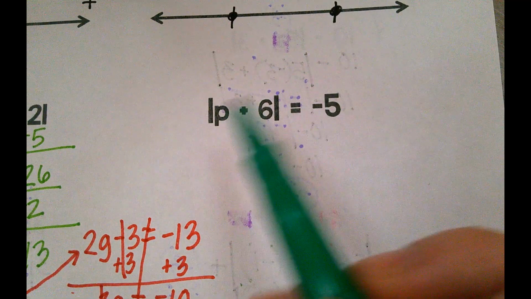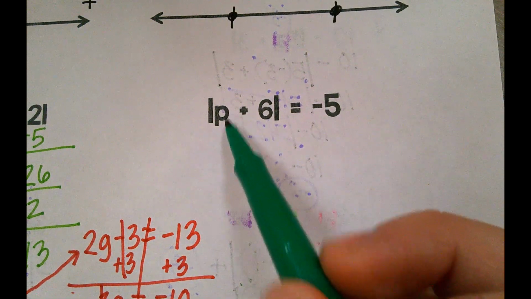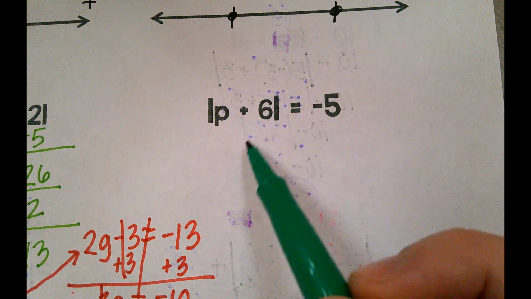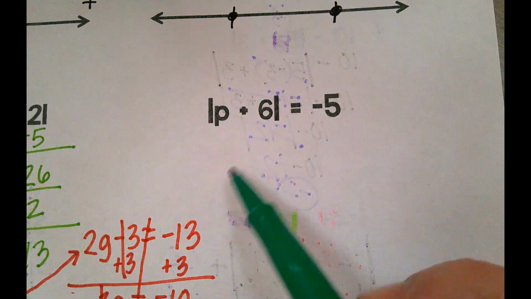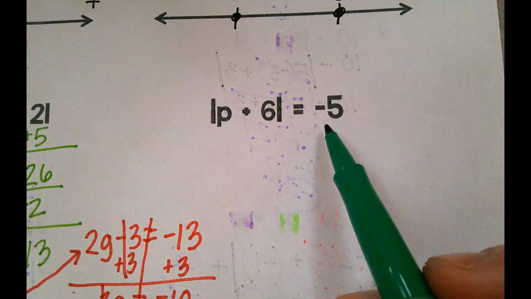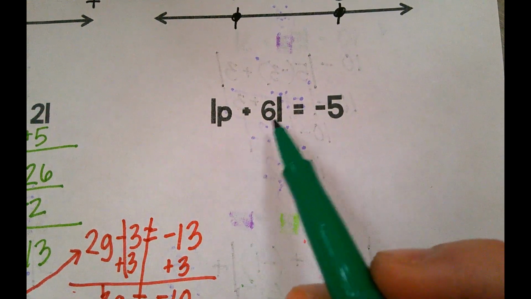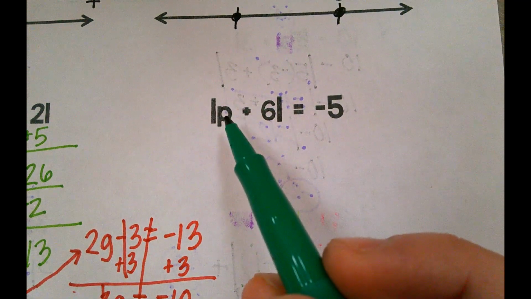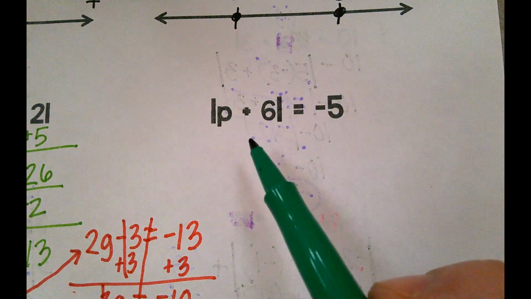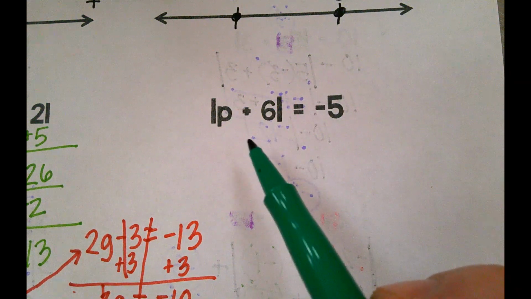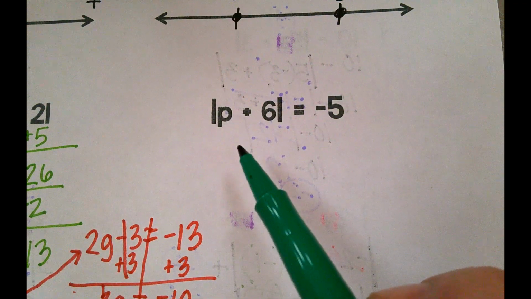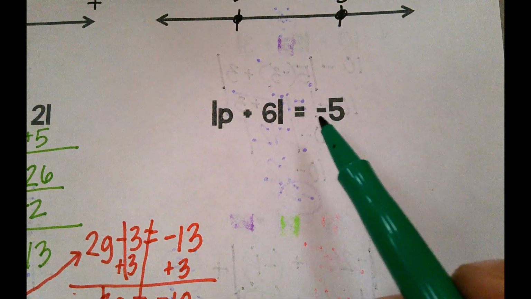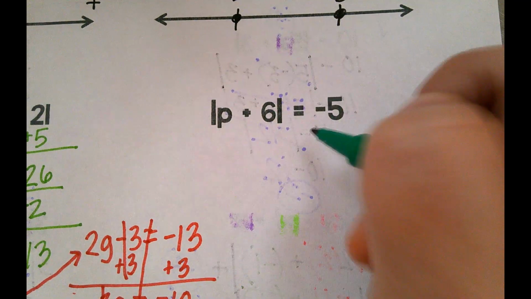Let's say I put negative 1 in for p. Negative 1 plus 6 gives me 5. The absolute value of 5 is positive 5. That's not negative 5. I could do negative 11 for p. Negative 11 plus 6 gives me the absolute value of negative 5. But the absolute value of negative 5 is positive 5. It's not negative 5.